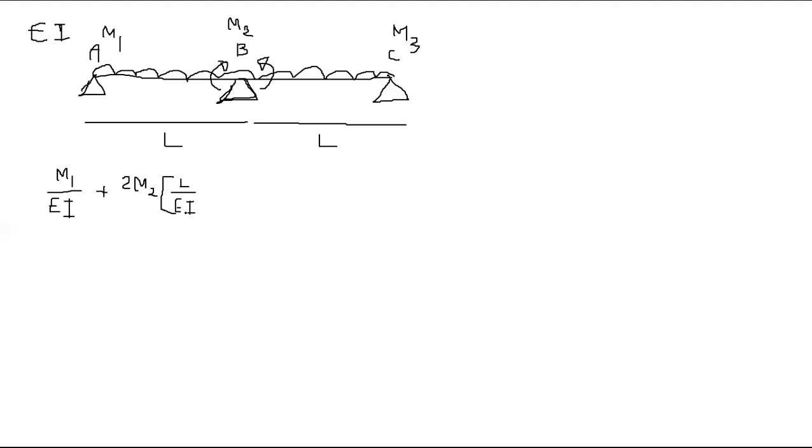In this case, everything is the same. And M3 over EI is equal to 6 times. There are no settlements, so the first term and the second term are 0.